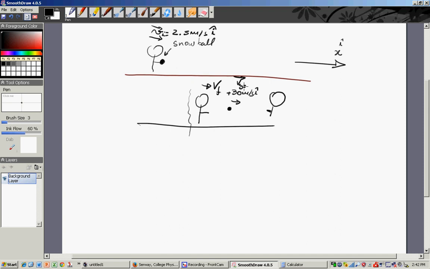Okay, so since there is no friction, since the net external force acting on both of them cancels out, we can say conservation of momentum exists when the snowball is thrown away. So before collision, the total momentum that I could determine is going to be the total momentum after collision.